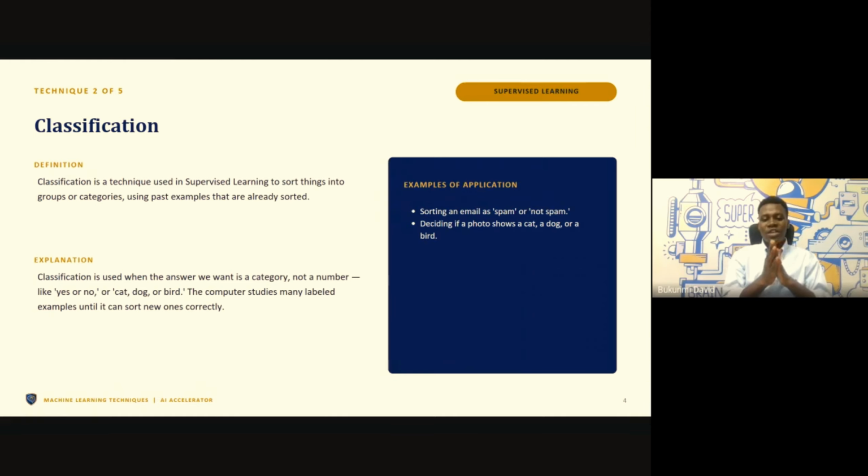An example of application of this is deciding if a photo shows a cat, a dog, or a bird. I explained in my previous video when I was talking about computer vision, this classification is what helps the part of the computer that understands image and video to be able to differentiate between, let's say, a cat, a dog, and a bird.